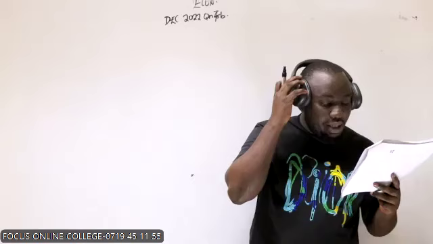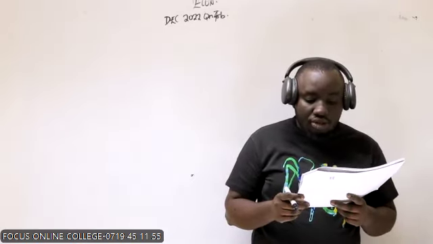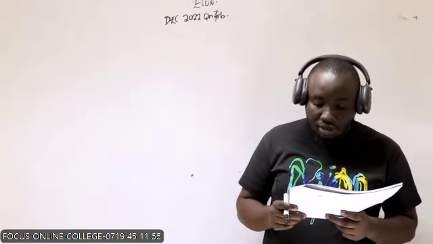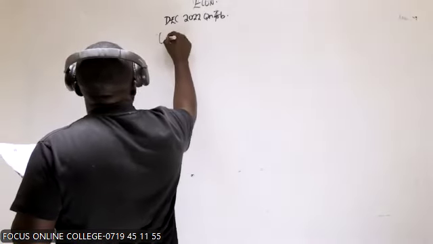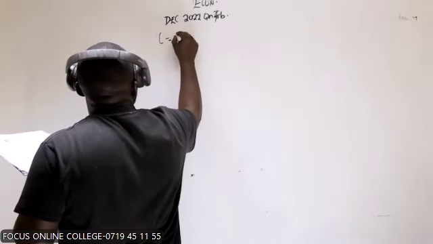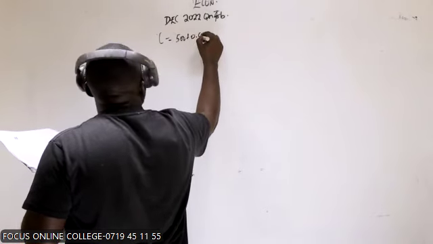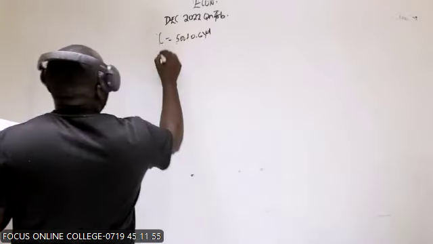Perfect. So we are being told that the data below relates to national income of a certain country in billions of shillings. Consumption is 500 plus 0.6 YD.